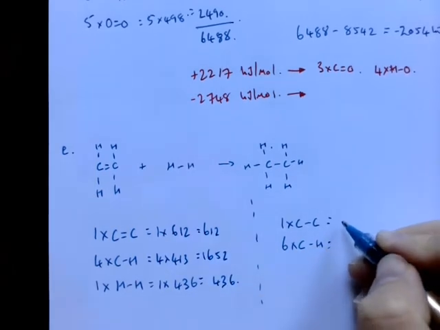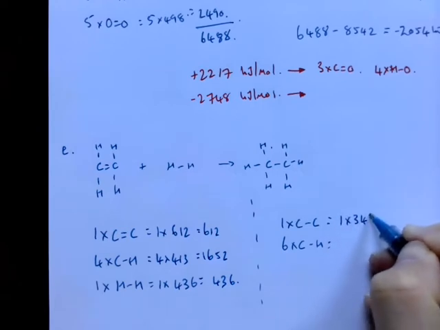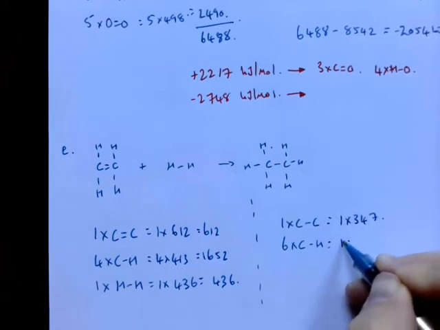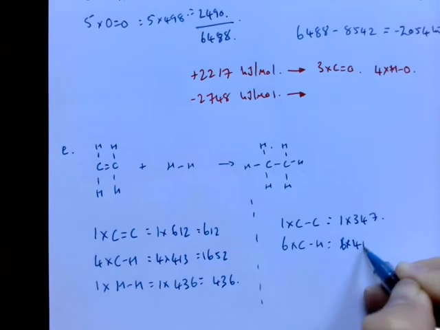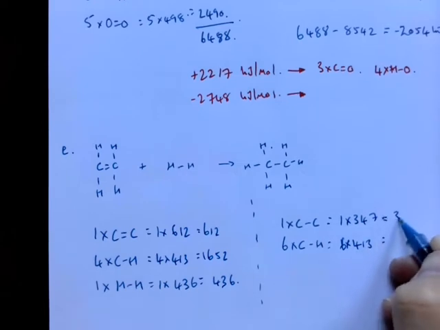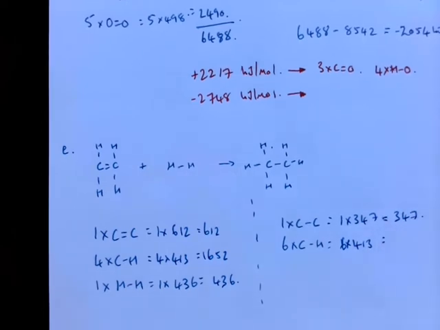And over here, my single bond is 1 times 347. That's 6 times 413. That's 347. And then 6 times 413 is 2478. If I add those up, I get 2825.